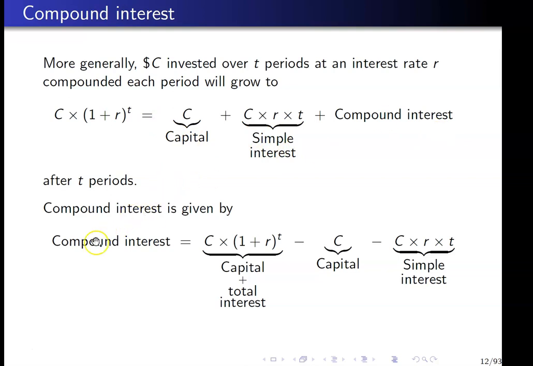So when we want to calculate compound interest out of the finishing value of an account, we take the total value of the account, capital plus total interest, we subtract capital and subtract simple interest, and that gives compound interest, interest on interest.